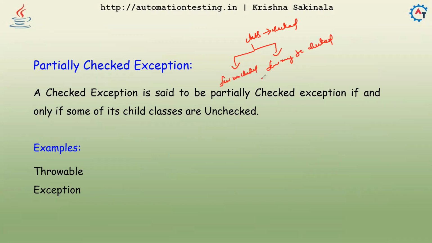So not all child classes are checked. A few are unchecked, a few are checked. Then those are called partially checked exceptions. A few examples are Throwable and Exception. So this is the difference between fully checked and partially checked exceptions.